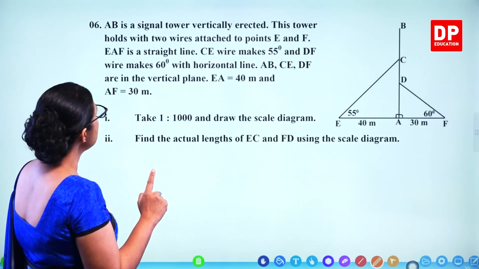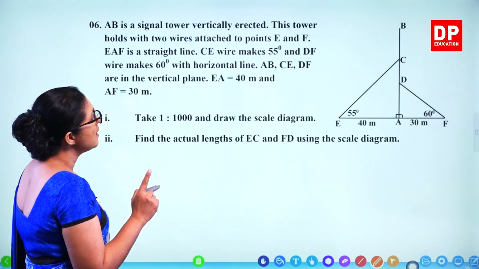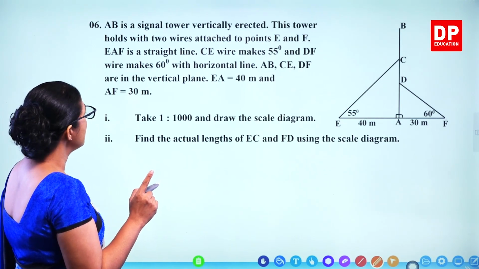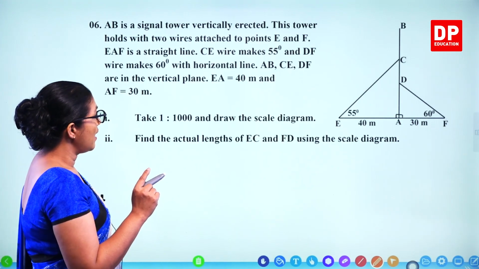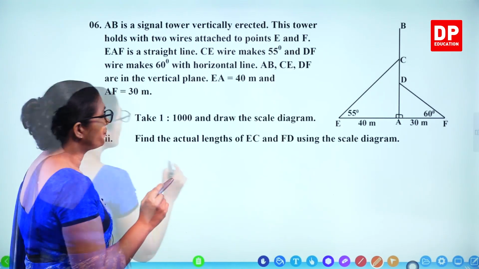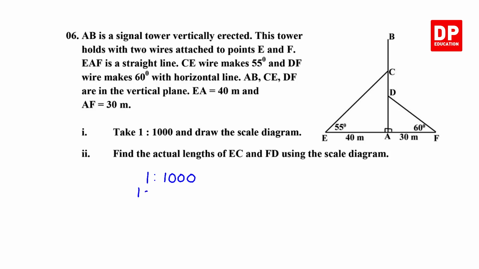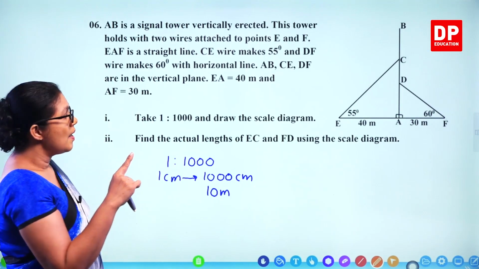AB, CE, DF are all in a vertical plane. EA equals 40 meters and AF equals 30 meters. Take 1 to 1000 scale and draw the scale diagram. That means 1 centimeter represents 1000 centimeters. Divide by 100, that's 10 meters is 1 centimeter.